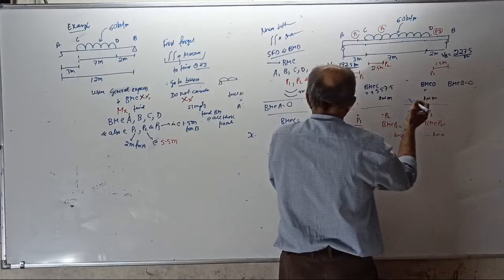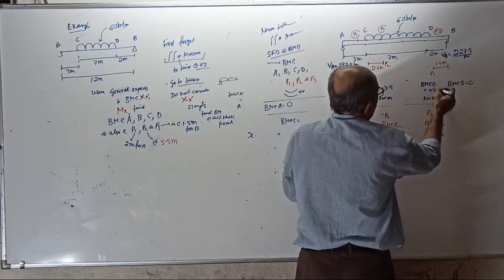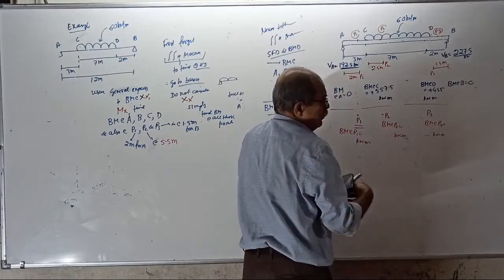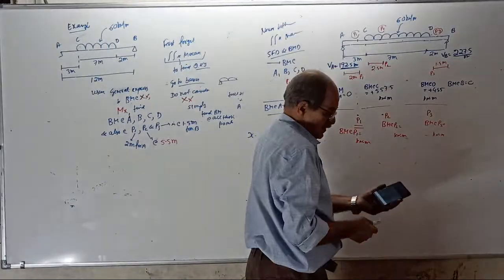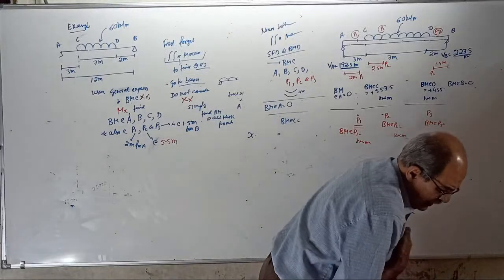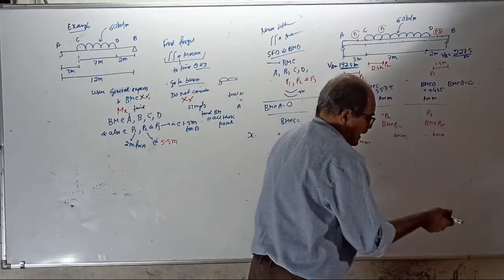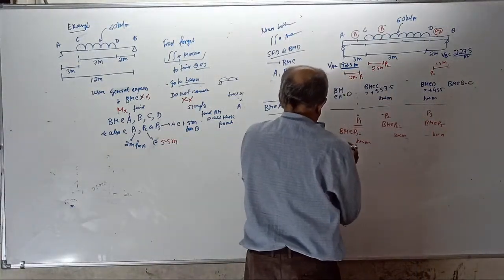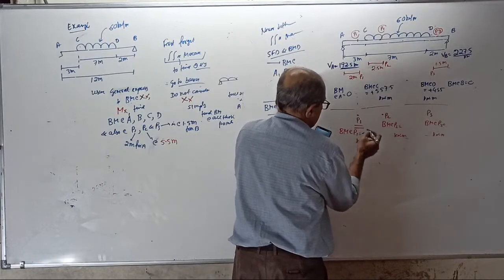BM at D plus 455. Then BM at P1, P2, P3: red color I want. Those BMs I want in red color. Why? Extra point. Remember, this red is not section XX red actually. This red will vanish later. BM at P1 plus, in red.